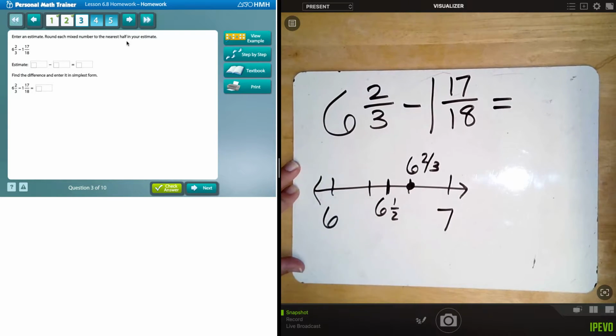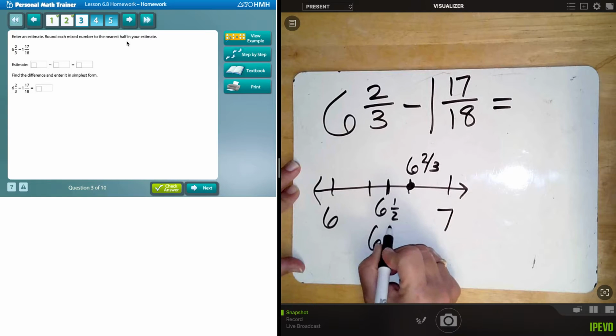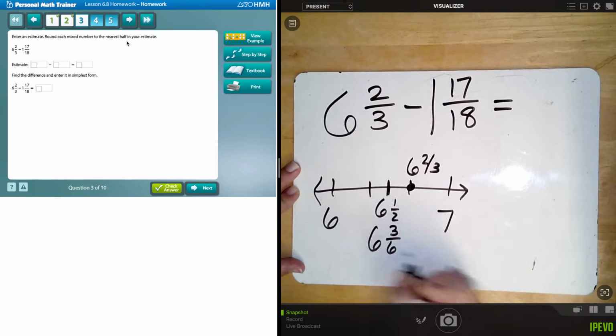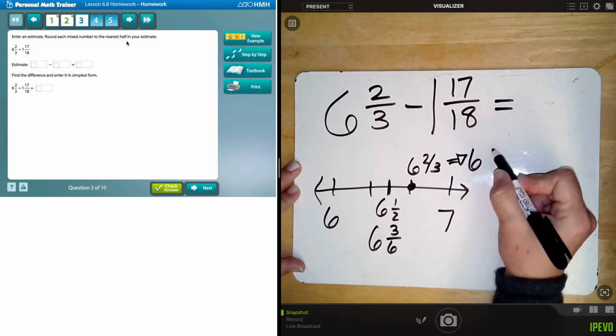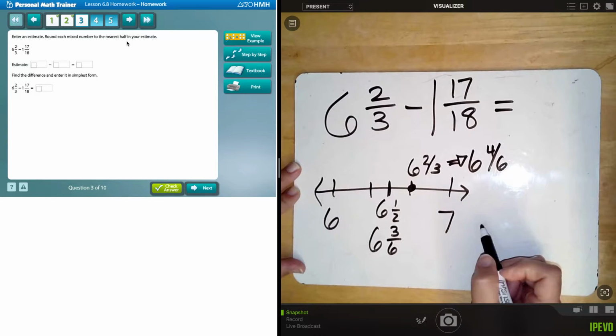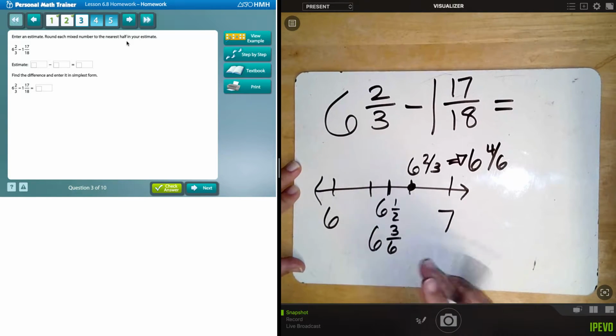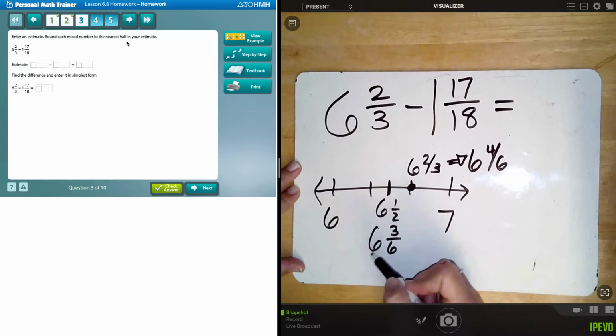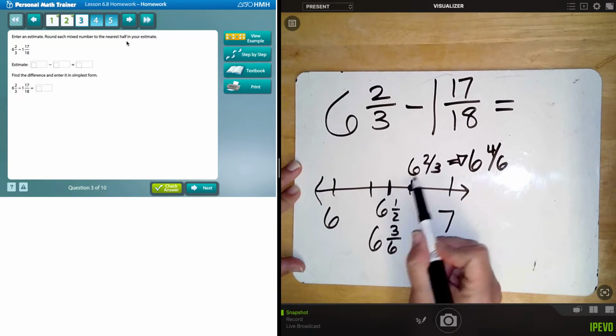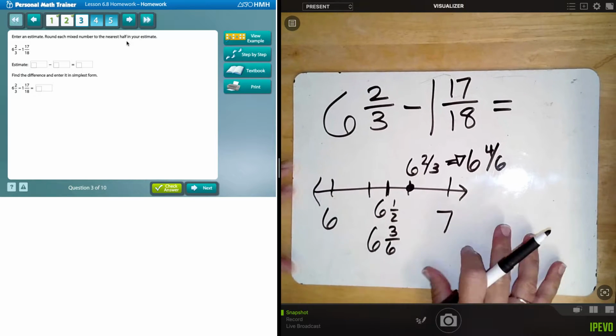Sometimes you might need to guess a little, but drawing it out, it looks to me like it is closer. I could also see that 6 1/2 is 6 3/6, because 6 1/2 is the same as 6 3/6, and I could convert this 6 2/3 is also 6 4/6. It's closer to 6 1/2 than it is to, or 6 3/6 than it is to 6 6/6, which would be 7.